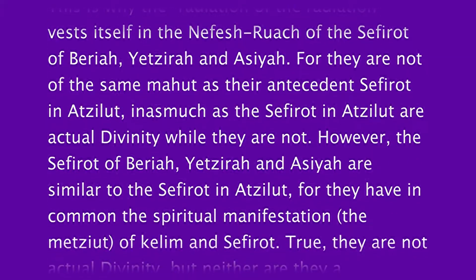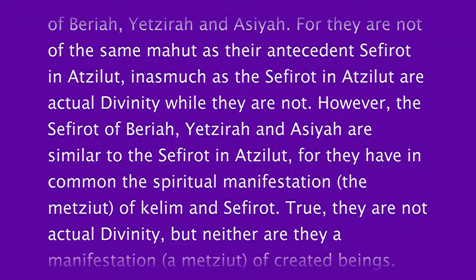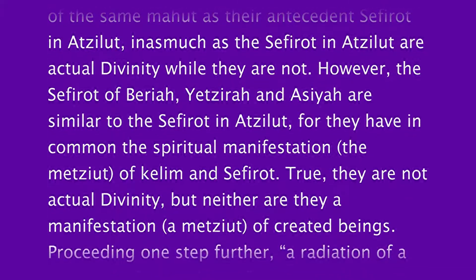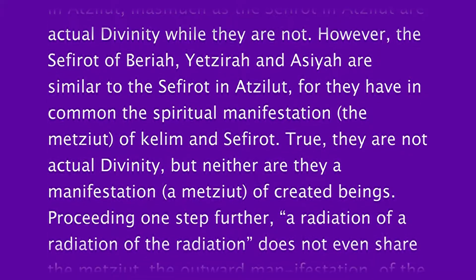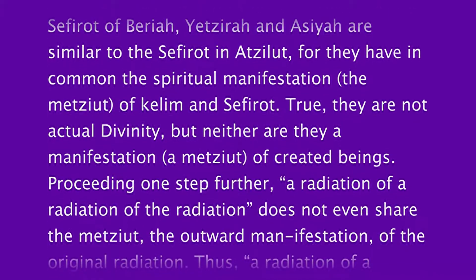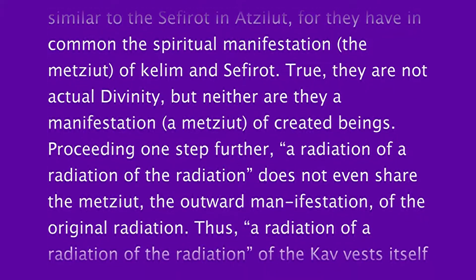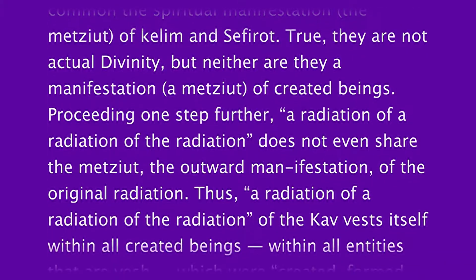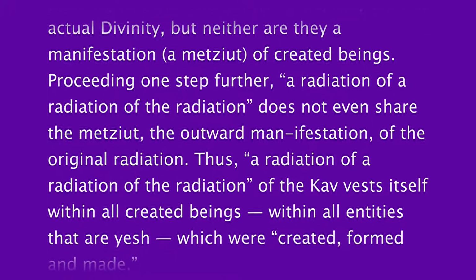However, the spheres of Beriah, Yetzirah, and Asiyah are similar to the spheres of Atzilut, for they have in common the spiritual manifestation, the matziyut, of kelim and sefirot. True, they are not actual divinity, but neither are they a manifestation, a matziyut, of created beings. Proceeding one step further, a radiation of the radiation does not even share the matziyut, the outward manifestation, of the original radiation.